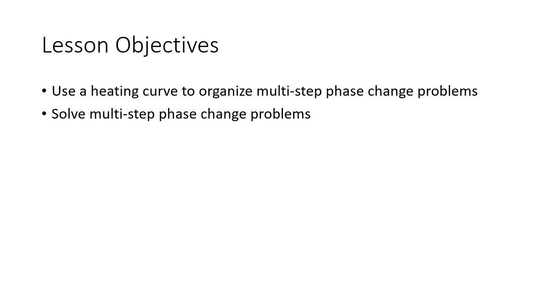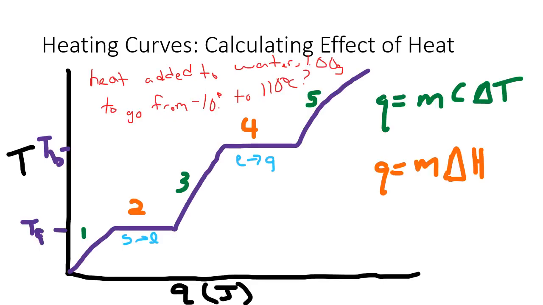So what is a heating curve? Our heating curve is temperature versus Q. So we have temperature usually in degrees Celsius, but it could be in Kelvin, and Q in joules. If we are raising the temperature, we have a positive slope coming up until we hit the phase change.